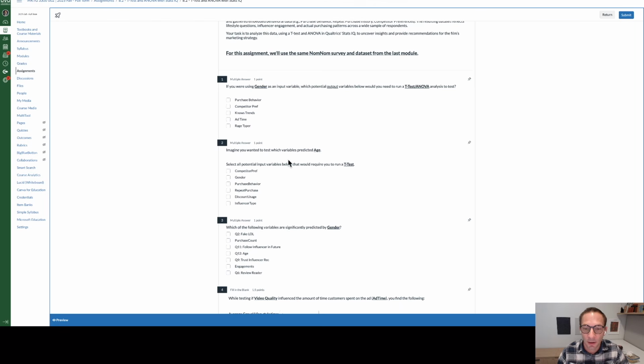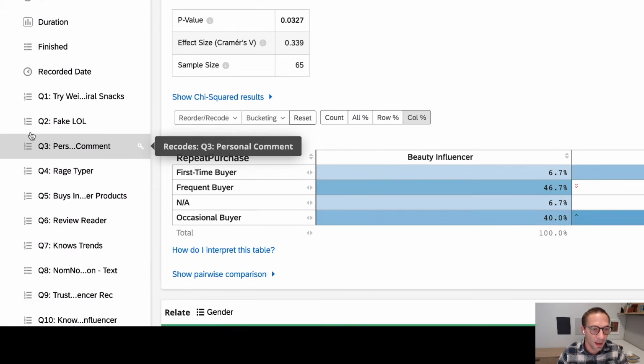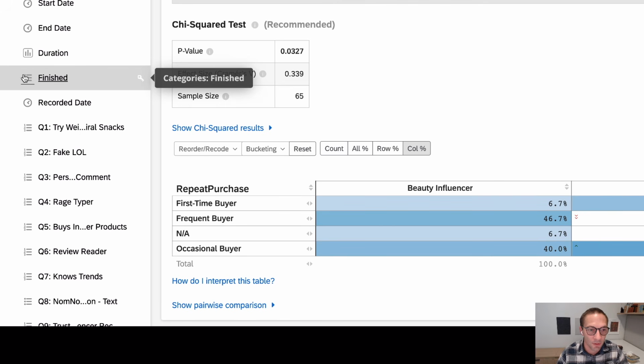And if you want to go through some of these, say for instance, I'm not sure which variables are numbers and which ones are categories. It shows here on this side of Stats IQ. If there's a 1, 2, 3, then we're going to treat it like a number. If there are lines with bullet points, we're going to treat it like a category.